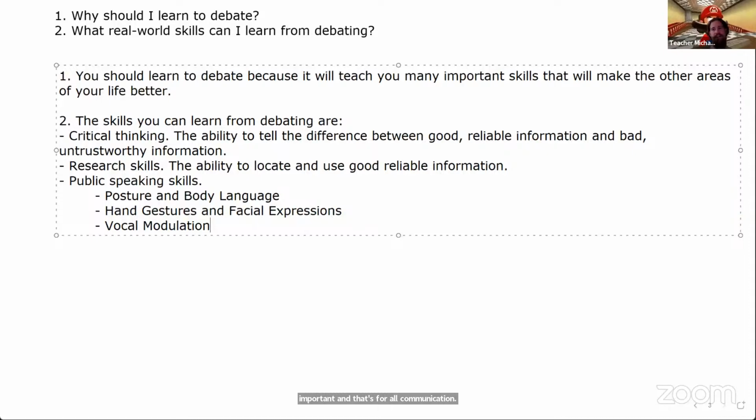So whether you're talking to your friend or your mum or your dad, or whether you're talking to your boss at work, or if you're the boss, an employee at work, your teachers, you need to be able to talk to them all. So understanding these body language and vocal skills, those will become very important for you.